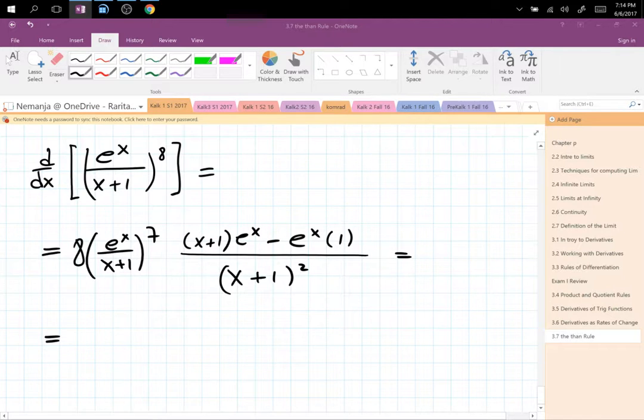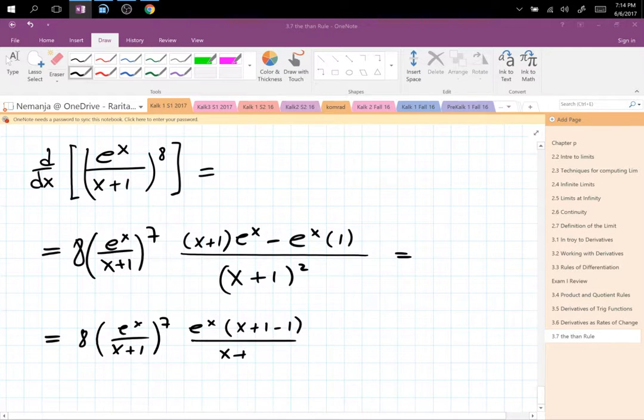So we can factor out e to the x on top. So we have 8 e to the x over x plus 1 to the 7th. And now we have e to the x times x plus 1 minus 1, divided by x plus 1 squared.